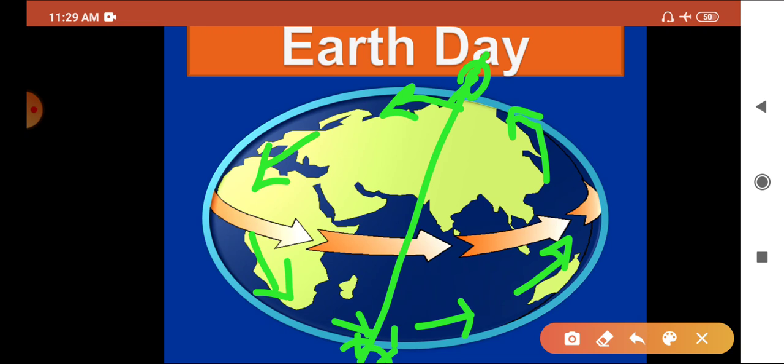This completion of a round by the earth on its axis is called rotation, and this is called Earth day. Our Earth completes this day in 24 hours. One rotation around the axis takes 24 hours.